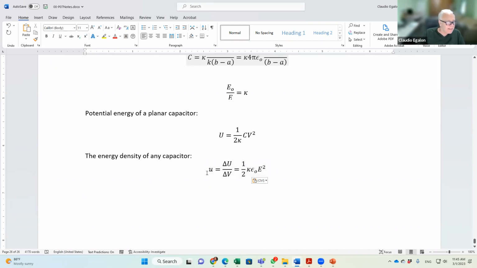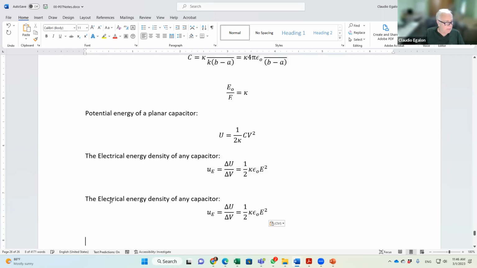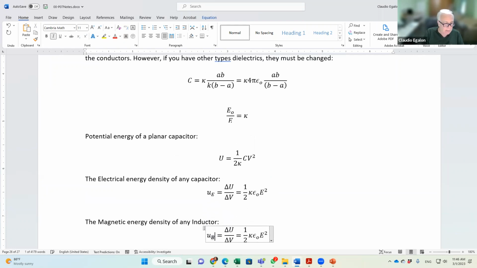And by the way, this is interesting because we have a similar equation, not for the electrical energy density, but for the magnetic energy density, not of any capacitor, but of any inductor. We're going to study that later on. Here's the electric field, here it's going to be a magnetic field, and I'm going to put a proportionality constant.